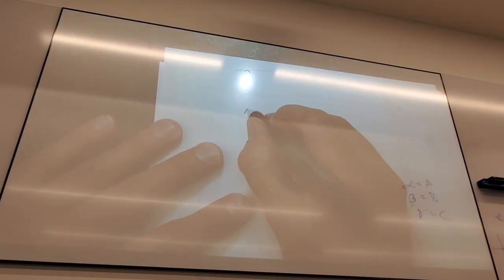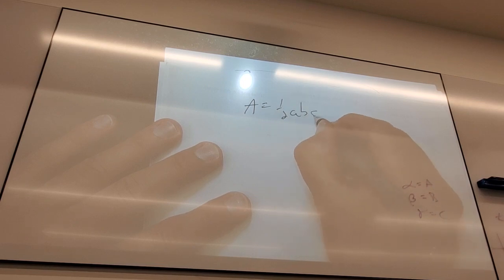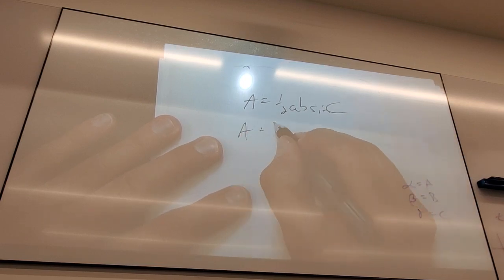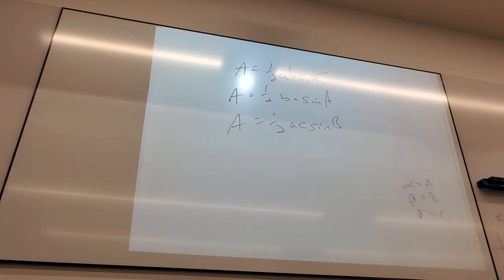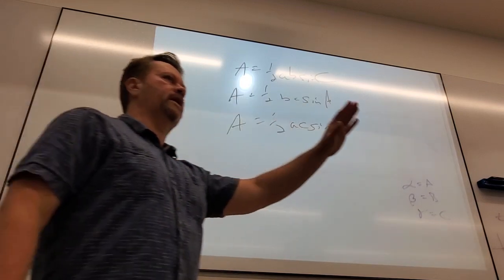So if I want to write it a little more for any situation, 1/2 AB sine C, 1/2 BC sine A, 1/2 AC sine B. I need you to understand, those are all the same formula. They're all the exact same formula.